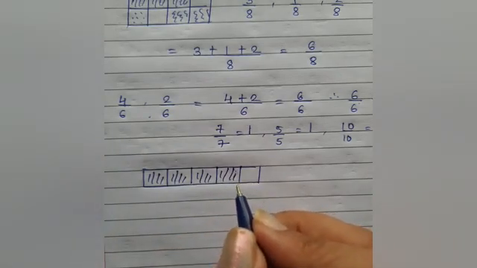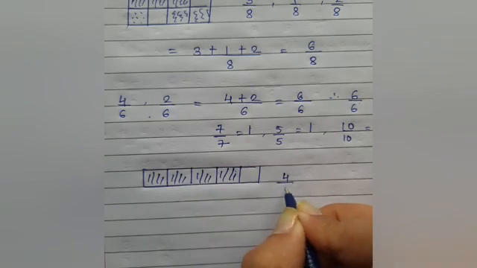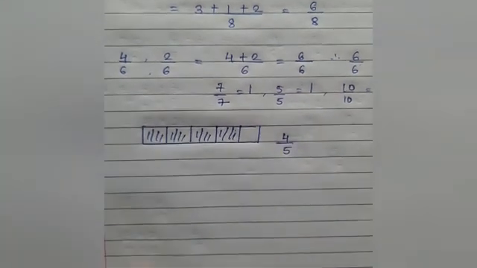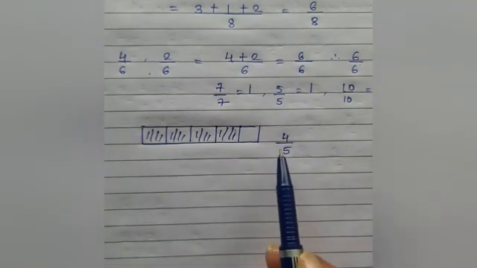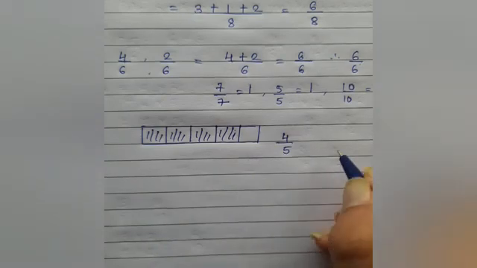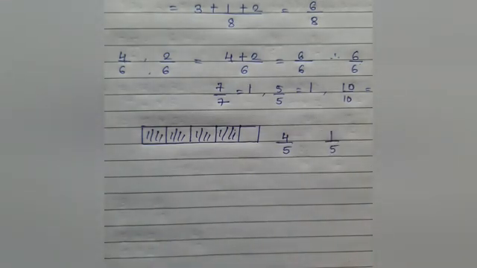So, the fraction will be 4 upon 5. Now suppose we remove one colored part from these 4 parts. What we do is, we subtract this one part from the 4 parts. This one part will be 1 upon 5.